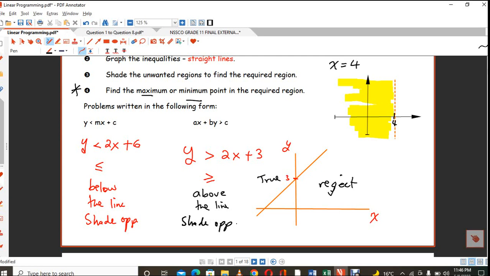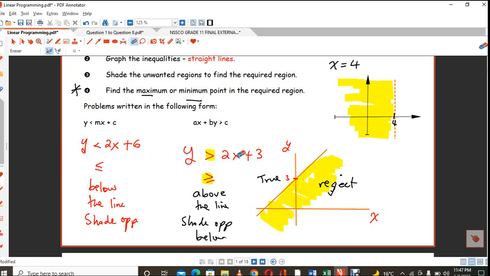In this case, you will be shading what is below the line. So when you shade this type of question, you are going to shade this part, because you are looking at an inequality that says greater or equal to. So above the line is the correct stuff, so you reject, by shading the opposite, because we shade the unwanted region.